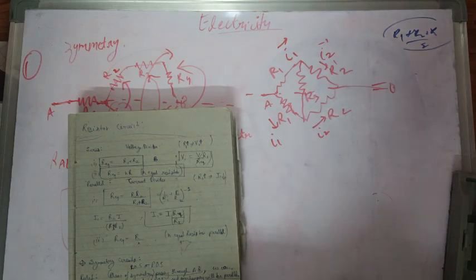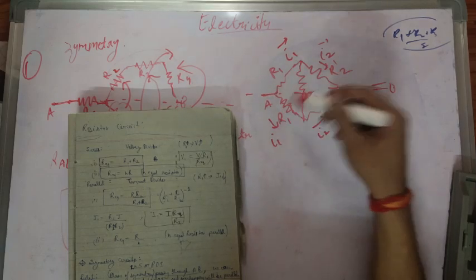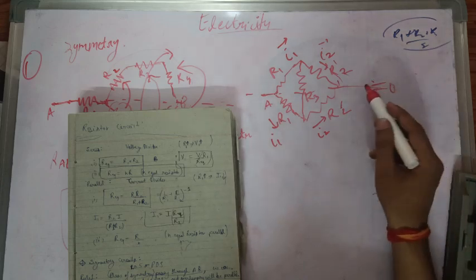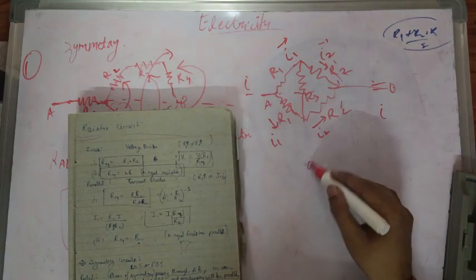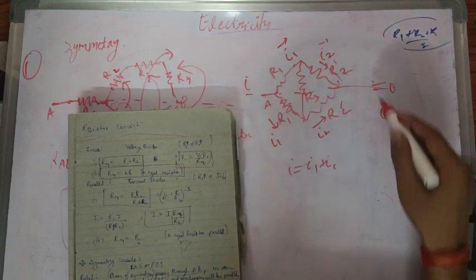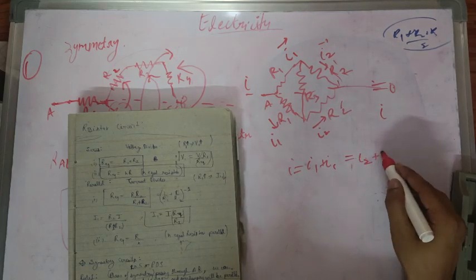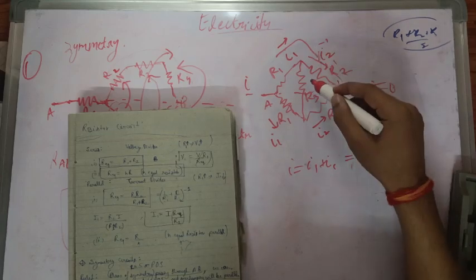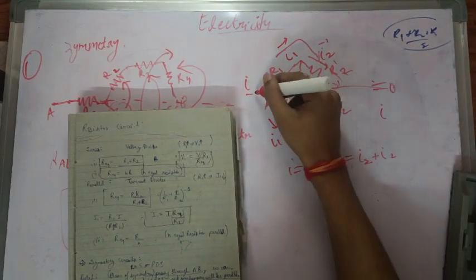And we know that the total current flowing through this and the total current flowing through this give the total sum equal to I. The total I is equal to I1 plus I2, and in this case it will be equal to I2 plus I2. It means that the whole current is passing through these and no current is passing through this resistor.